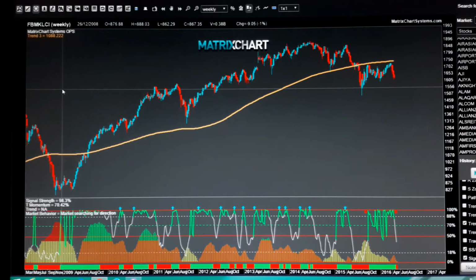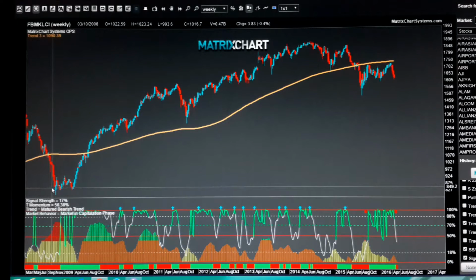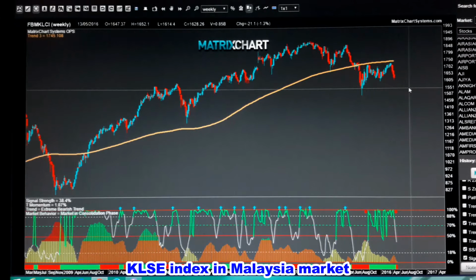Let's take a look into the Malaysia market, the FBM KLCI index, and I have zoomed out in the period from 2009 all the way to May 2016. Let's take a look into the detail in the current market.